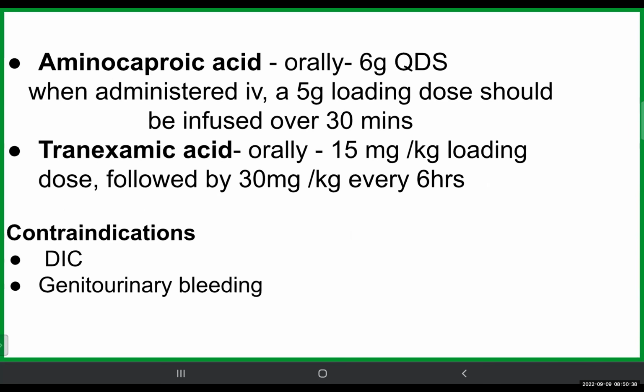The usual dose of aminocaproic acid is 6 grams 4 times a day, and if administered IV, a 5 gram loading dose should be infused over 30 minutes. Tranexamic acid is given orally, 15 milligram per kg as a loading dose, followed by 30 milligram per kg every 6 hours. Its contraindications are DIC or genitourinary bleeding.